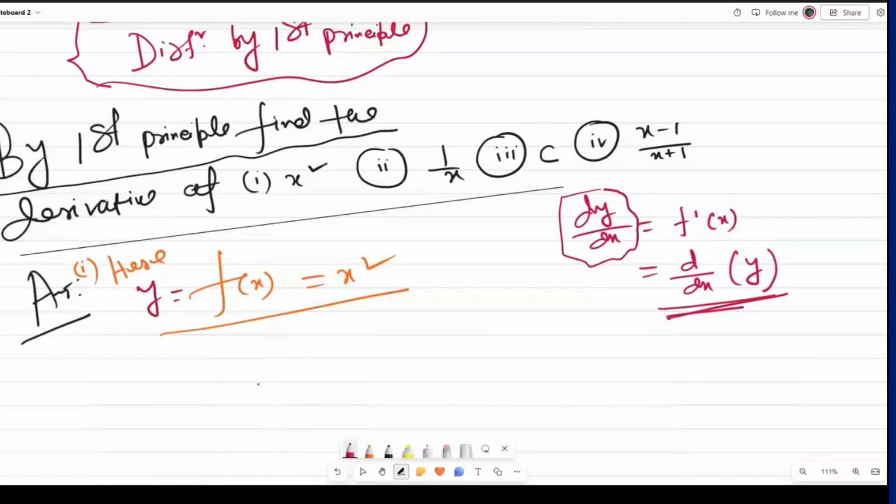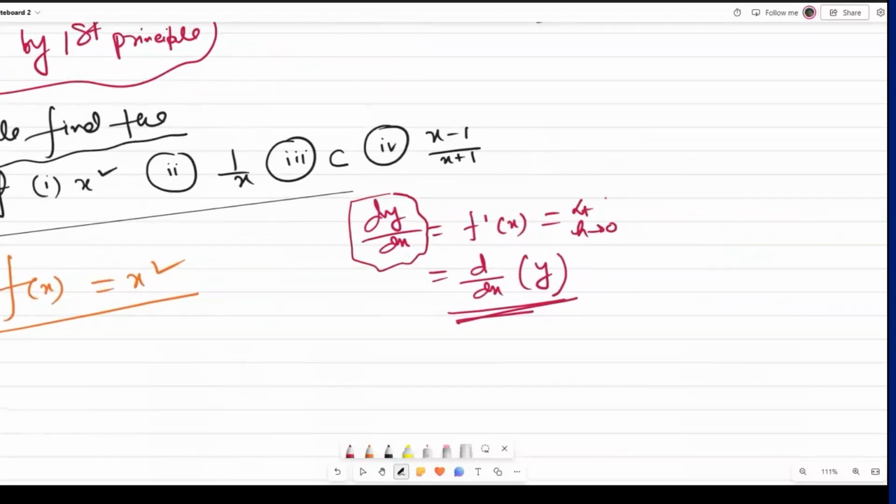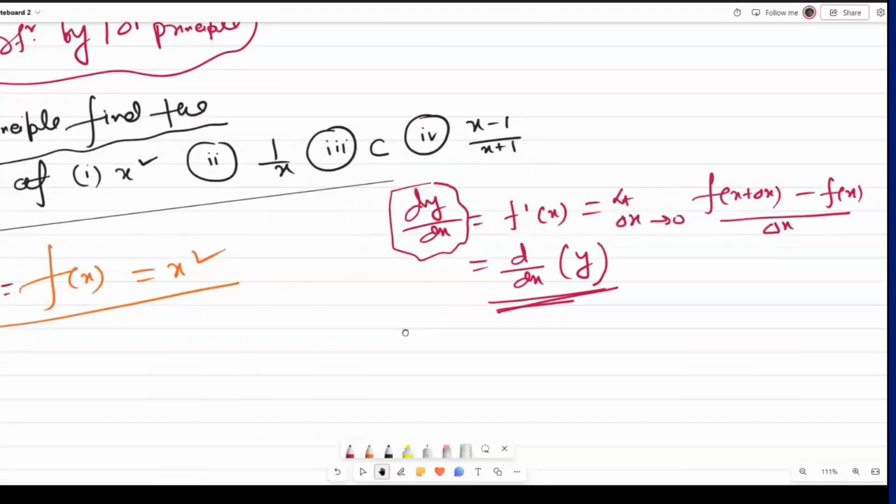So for this function, y is f of x or x squared. And by definition, limit delta x tending to 0 of f of x plus delta x minus f of x, by delta x. People sometimes take it as h also, no problem. I'm going to apply this for this sum.